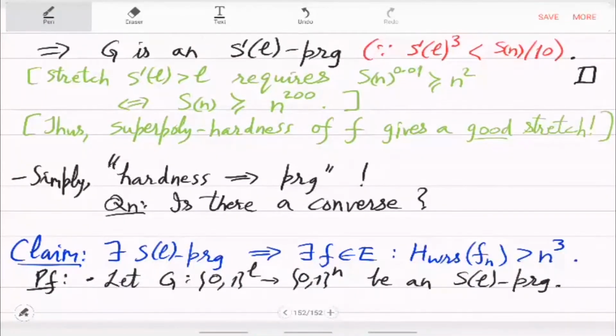Now what do you think is this function Fn that is a candidate for hardness? It has to be related to G, to the PRG, right? So why not just look at the image of G and those strings you call the yes strings in the space and the remaining strings you call no. Okay, that defines a Boolean function Fn. So define Fn on 0 1 to the n.